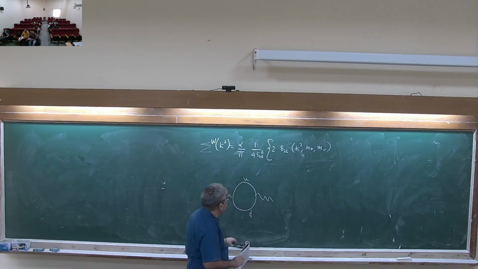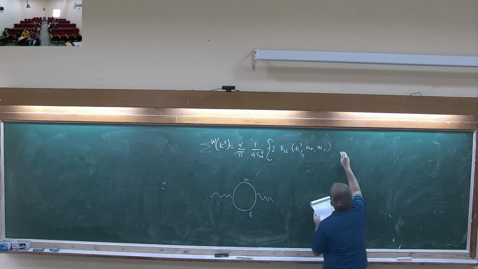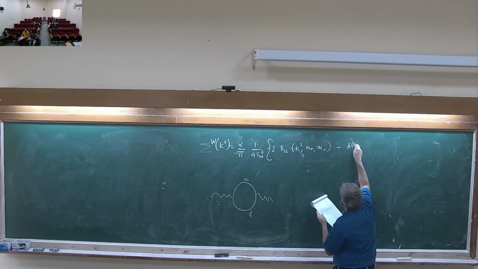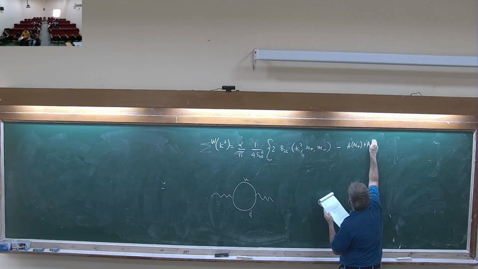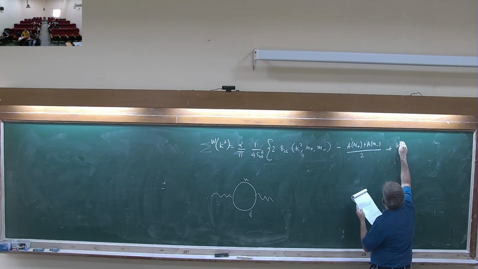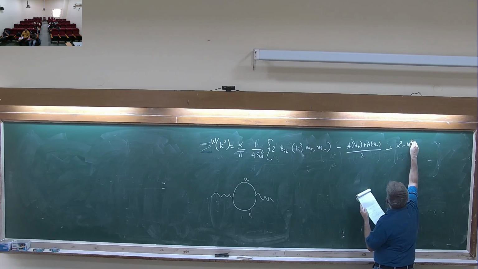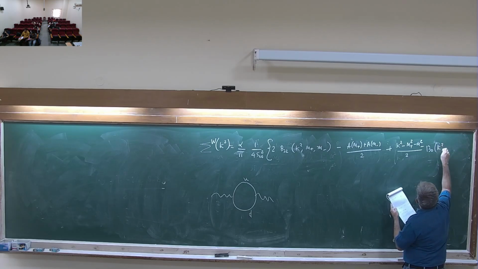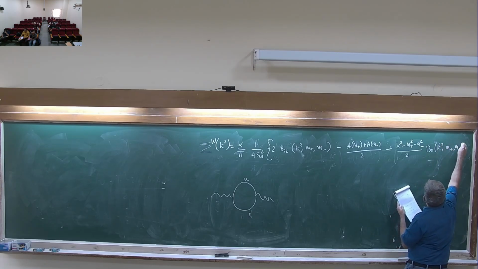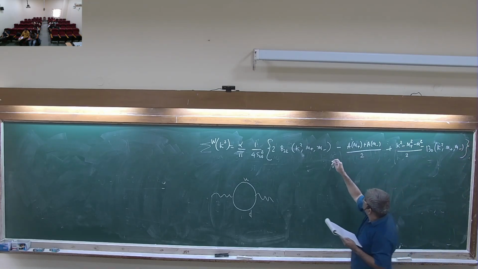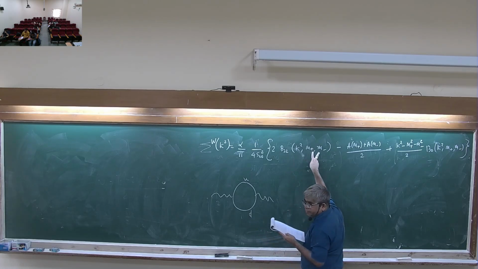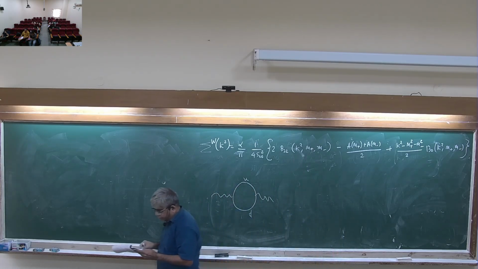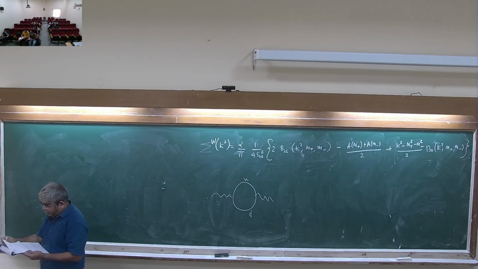Okay, minus A M plus A M minus by 2 plus K square minus M plus square minus M minus square by 2 B0 K square M plus M minus. So some loop function, but it's sensitive to the mass differences. Again, also you can take the limits and everything.